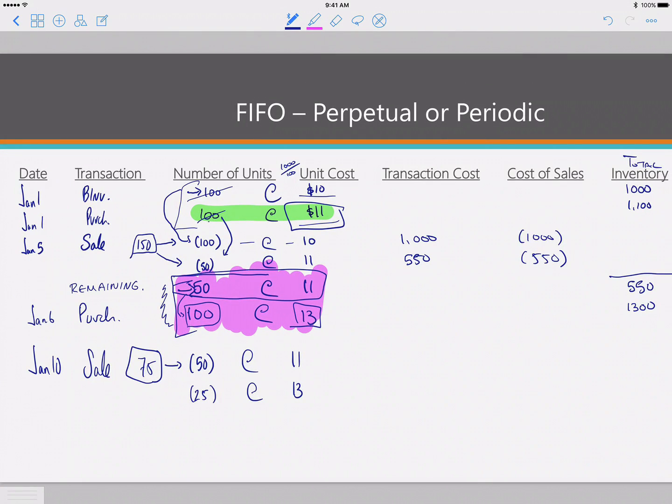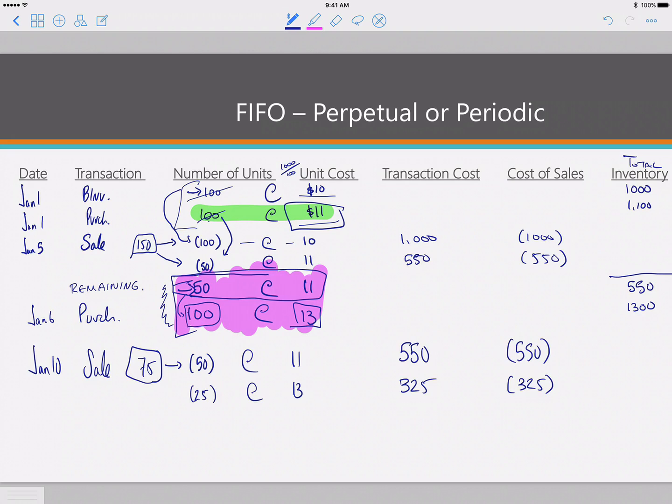So we're going to calculate that. 11 times 50 is 550, so we can put that straight into our cost of goods sold. And we had 25 units that we bought at 13, so 25 times 13 is 325, so we'll put that into our cost of goods sold as well.